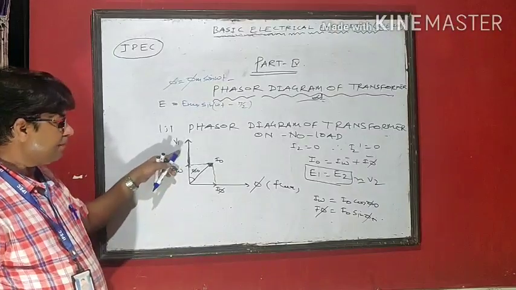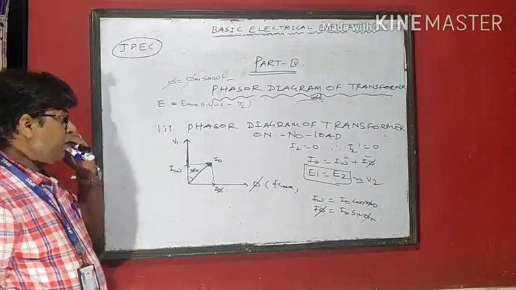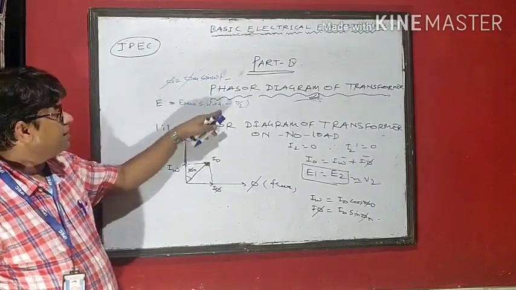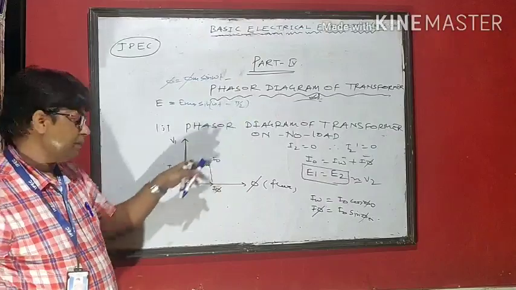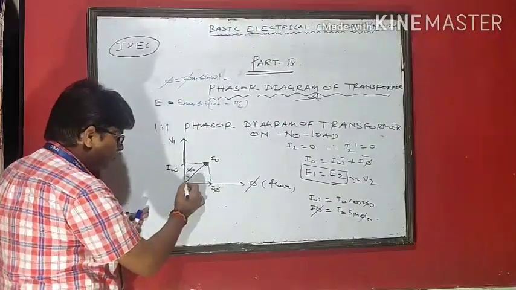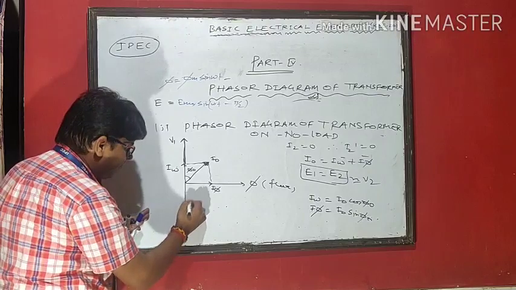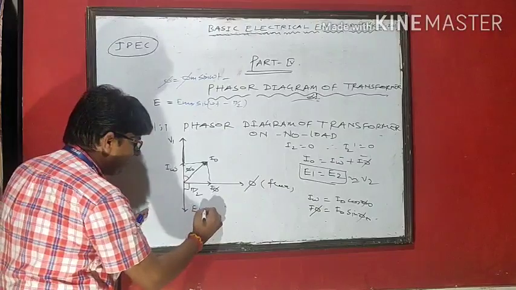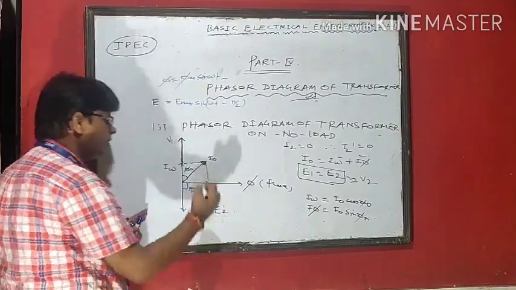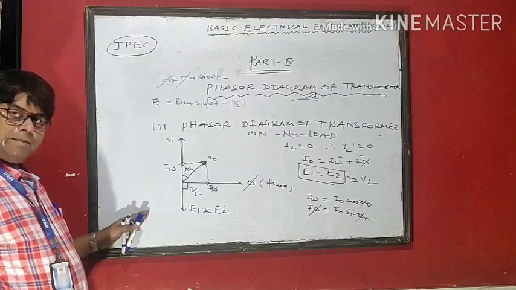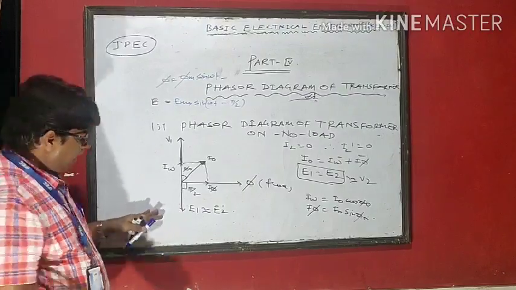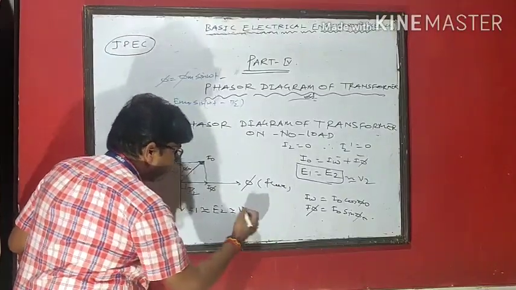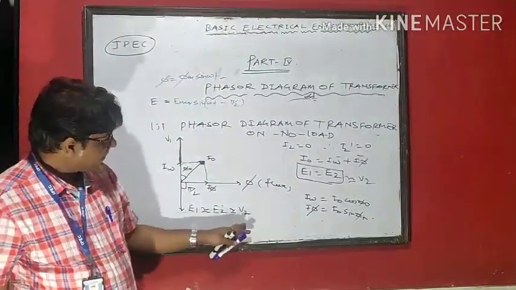Next step, we know that phi equals phi m sin omega t, and E equals Em sin omega t minus pi by 2. That means E lags phi by pi by 2. So this is your EMF E1, which is approximately equal to E2. At no load, I2 equal to 0, that means E2 equal to V2, because the load is not connected.